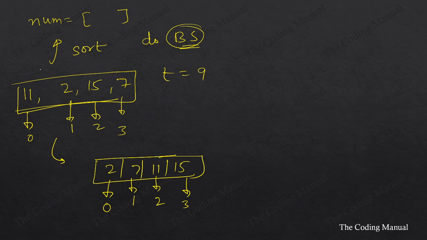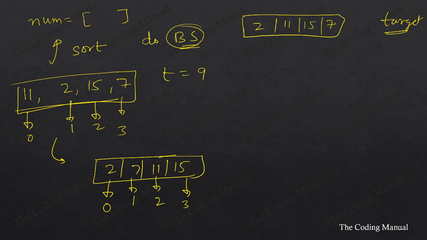This can be done if you need to find, given an array of integers and a target, whether two elements add up to the given target, like 2, 11, 15, 7.